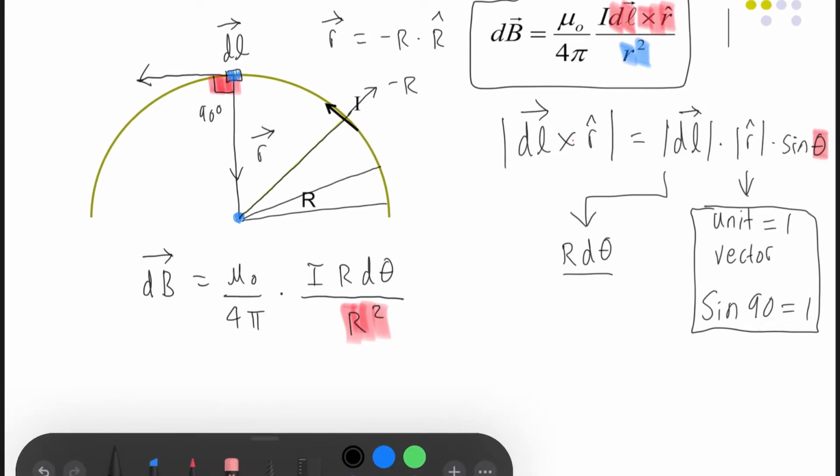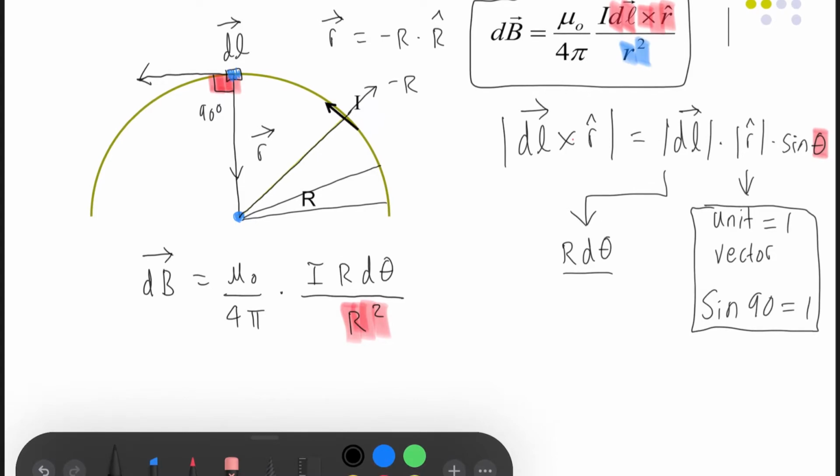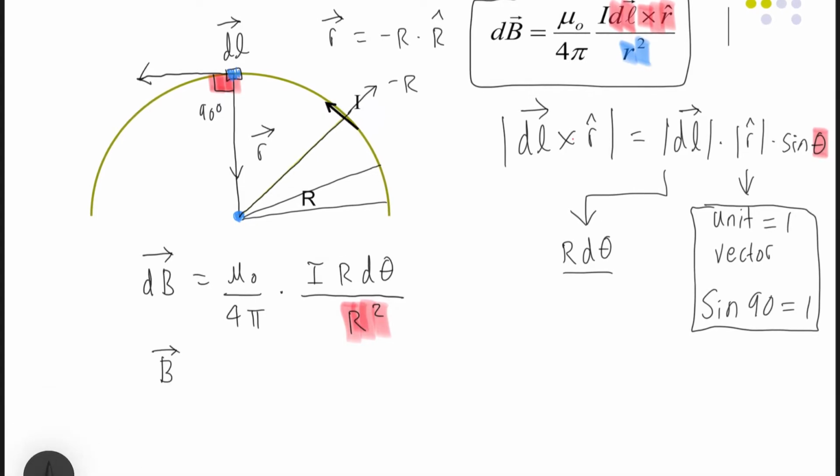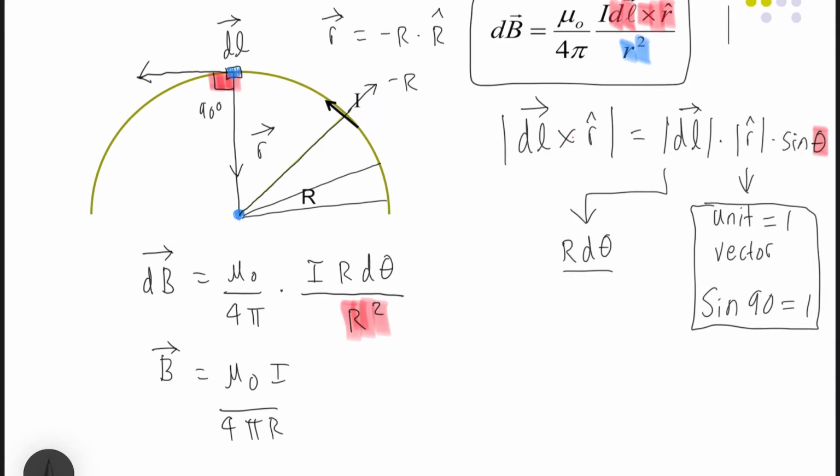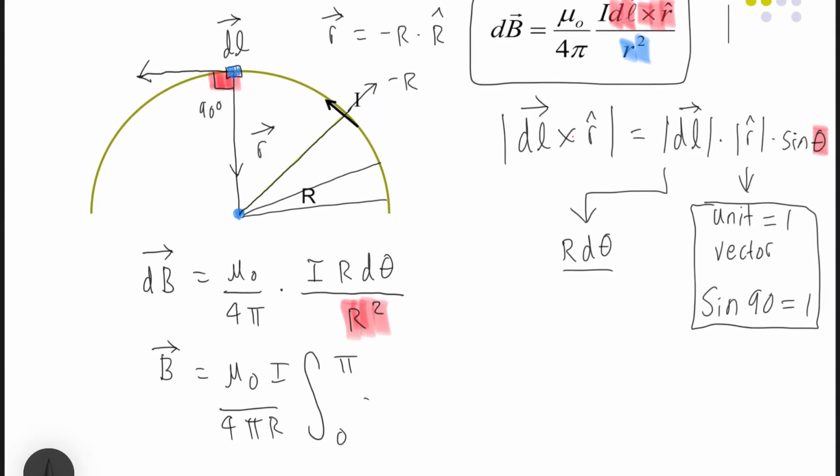Okay? So now we just want to do the integration. So we can write B, the B field, is equal to mu naught I over 4 pi r, the integral from 0 to pi d theta.